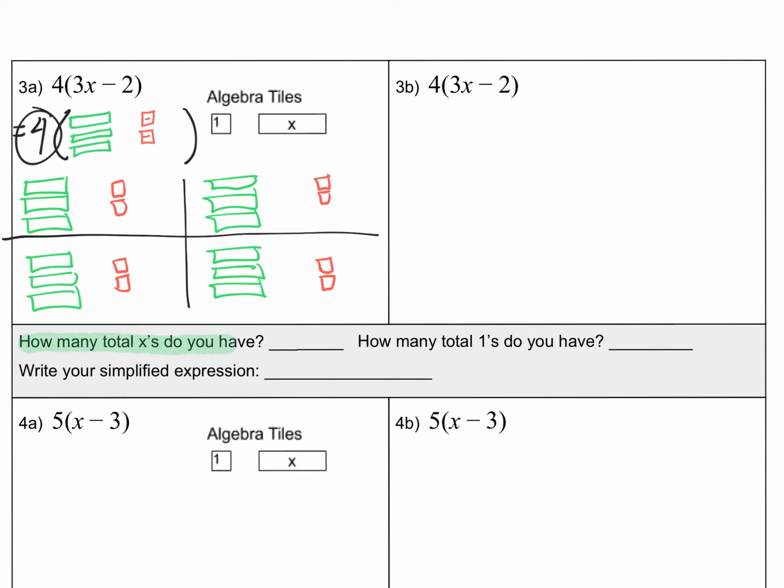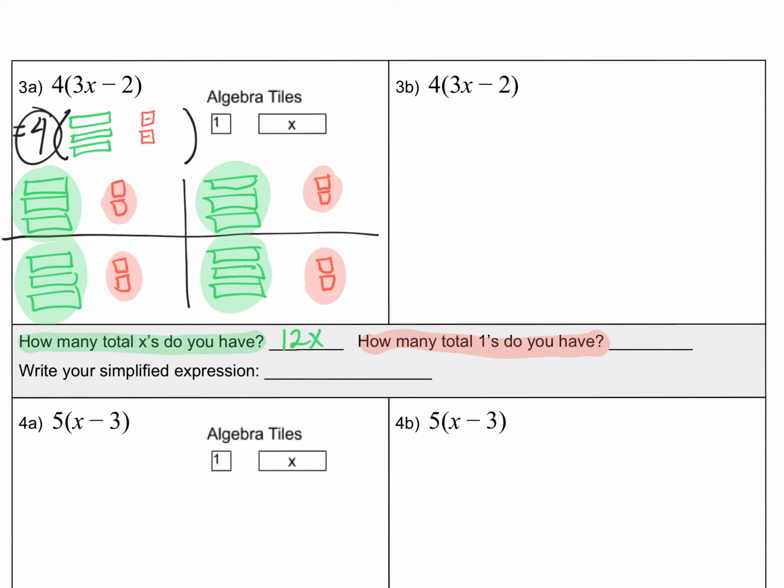How many total x's do you have? 3 plus 3 plus 3 plus 3. That is a total of 12 x's. How many total ones do you have? 2 plus 2 plus 2 plus 2.